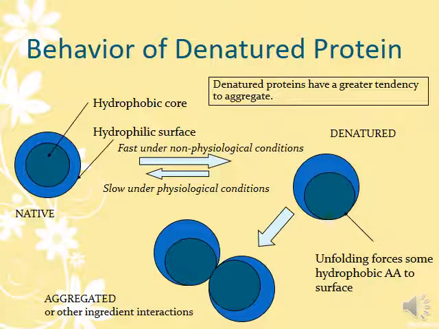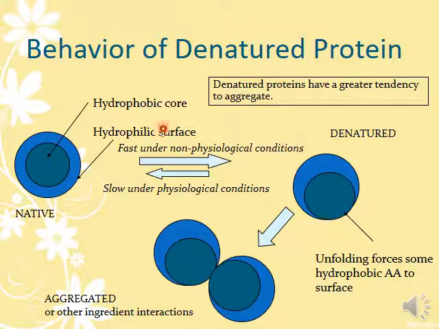Okay, next we move on to the mechanism of protein denaturation. In the native state, the protein comprises a hydrophilic surface and a hydrophobic core.